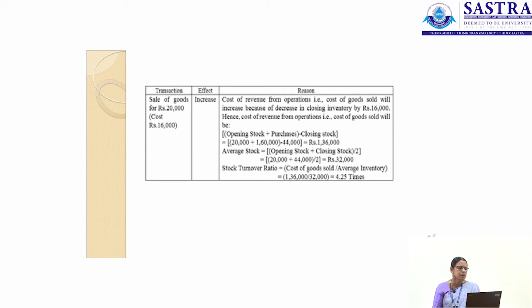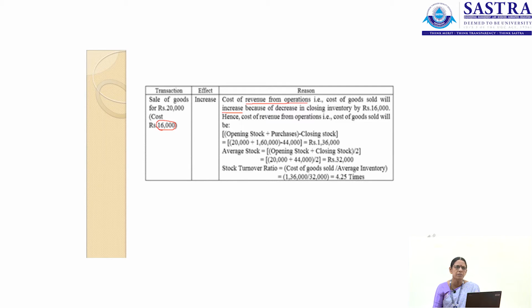First is the sale of goods for rupees 20,000, cost is 16,000 rupees. Revenue from operations is your sales. Cost of goods sold will increase because of the decrease in your closing inventory by 16,000 rupees. So cost price is 16,000 rupees, and to this extent closing inventory will get decreased.